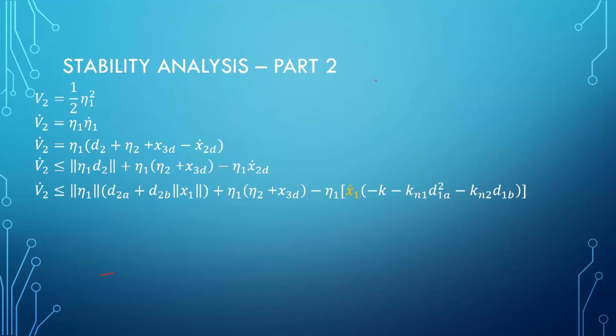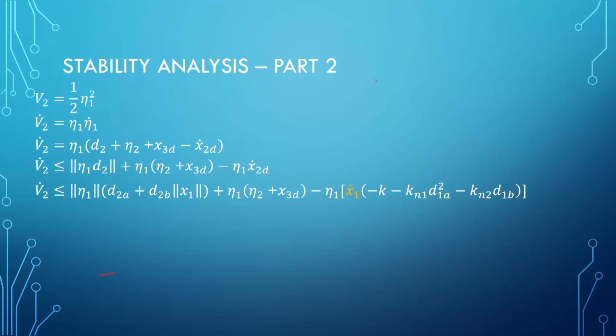And then you can substitute the upper bound of D2, which is D2A, D2B times x1 norm. And here remains the same, and here we substitute the controllers. We substitute the virtual control.